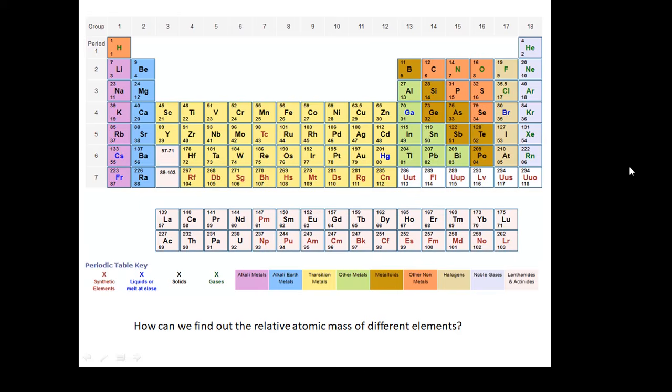On the table that we use, it will give you it to 1 decimal place. We're going to be working to 1 decimal place in all our calculations. So it's the big number. If you look, oxygen is 16, fluorine is 19, neon is 20. And this is the relative atomic mass.